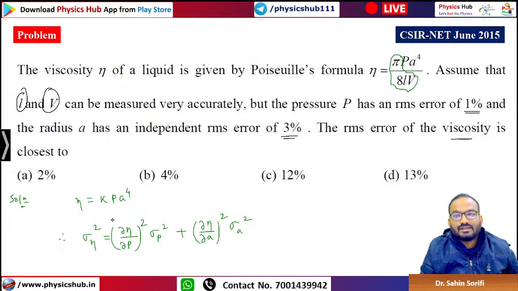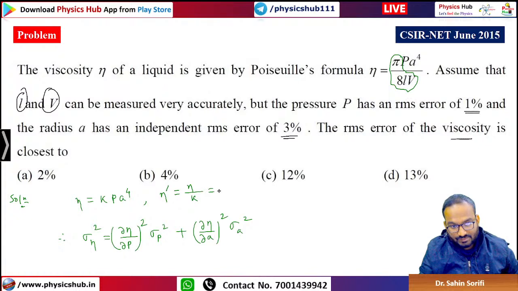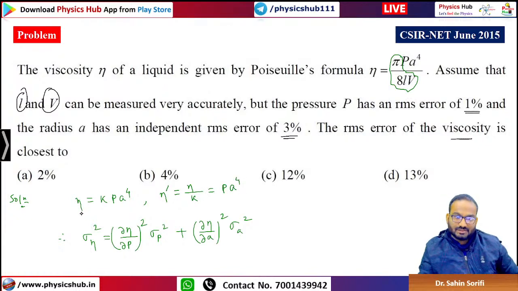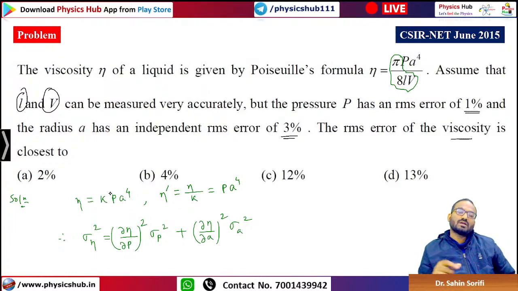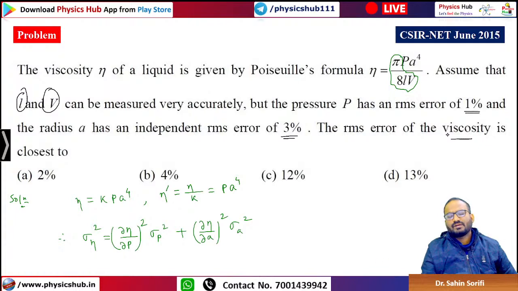So let's say we are calculating eta prime. Eta prime is equal to eta by k, that is P a to the power 4. Because look, k is just a scaling factor, k is just a constant multiplied. So error will remain the same, even if you multiply with a constant.